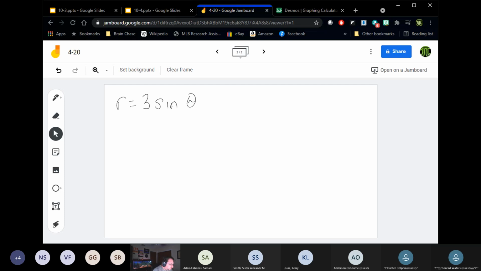So when you're picking values, your theta is the value that you're picking, and your r is what you're going to find out.